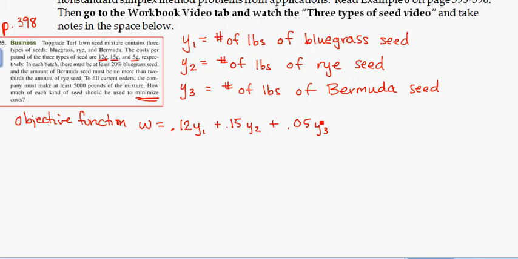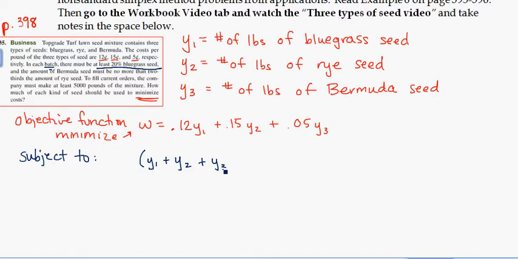And now let's write the constraints. The first thing I read here is that in each batch there must be at least 20% bluegrass seed. So out of the total batch, at least 20% has to be bluegrass seed. The total batch is going to be the sum of all the seeds put together, y1 plus y2 plus y3.